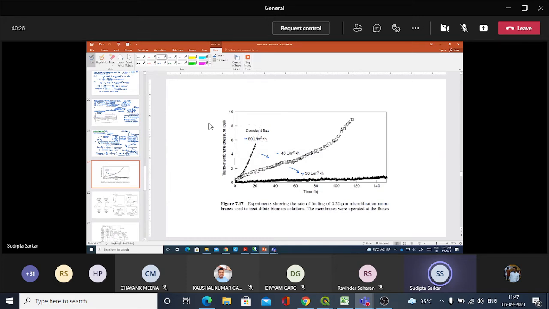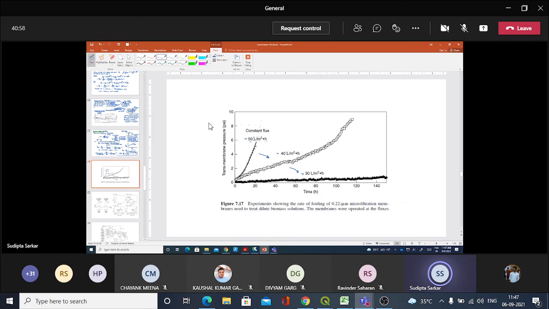That for different membranes, also depending on the different source water, we have to find an optimum flux value in which the membrane would not get into a very high or frequent choking.